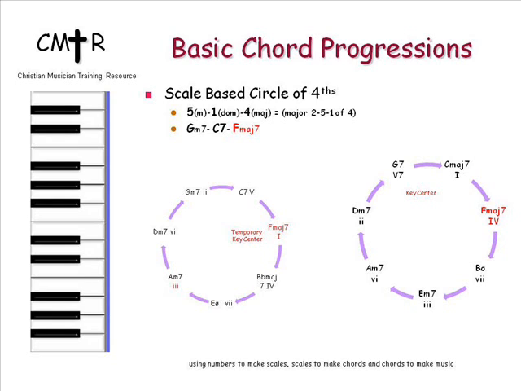In this progression, I will add a dominant 13th on the 1 chord and place it between the 5 chord and the 4 chord and make the 5 chord a minor triad, and that will create a 5-1-4 chord progression.